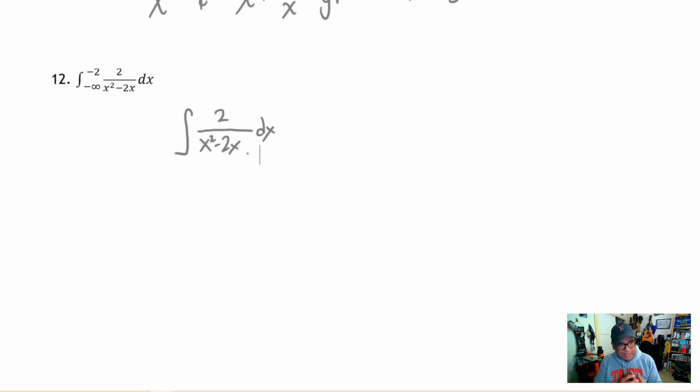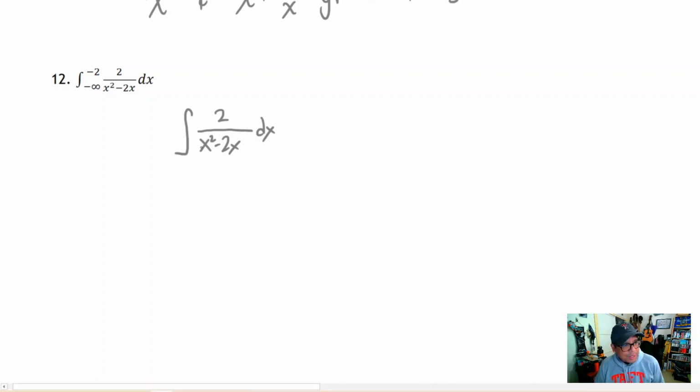Next, I'm going to say, is there a u substitution I can make? Because a u substitution is a not very invasive technique. And if you make u equal to x squared minus 2x, there's nothing going to be in this antiderivative to balance that out. So I am stuck looking at some more advanced technique.